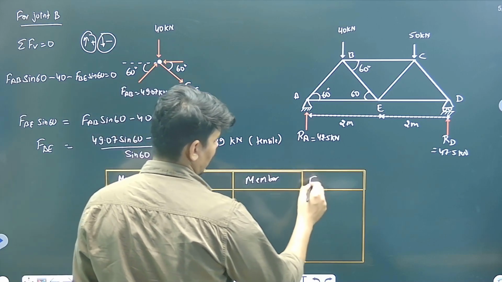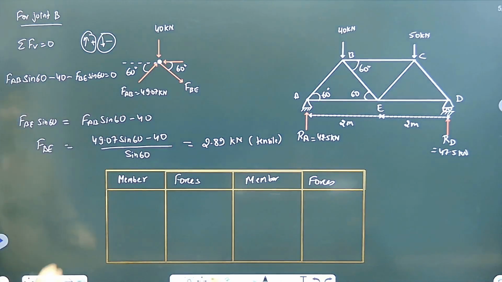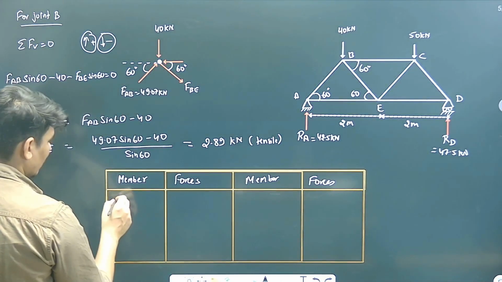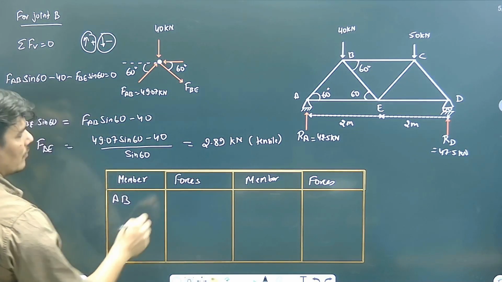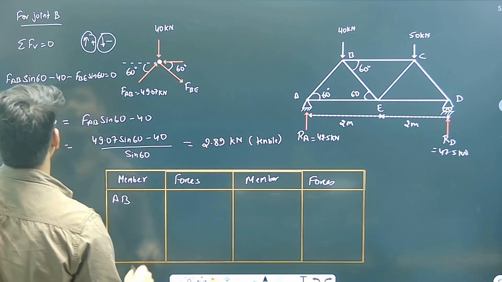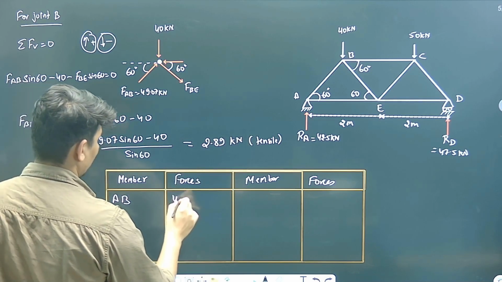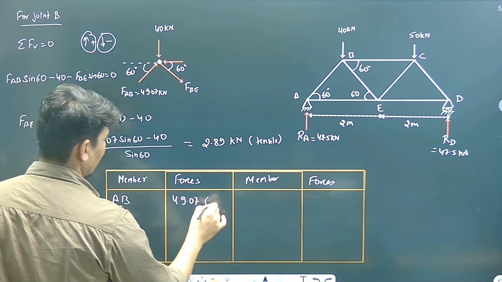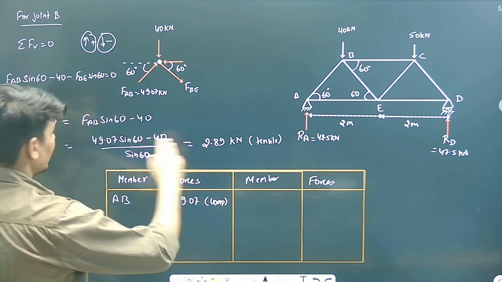Member and force. So first member AB. How much force was there in the AB? In the AB, it is 49.07. Nature was compressive.